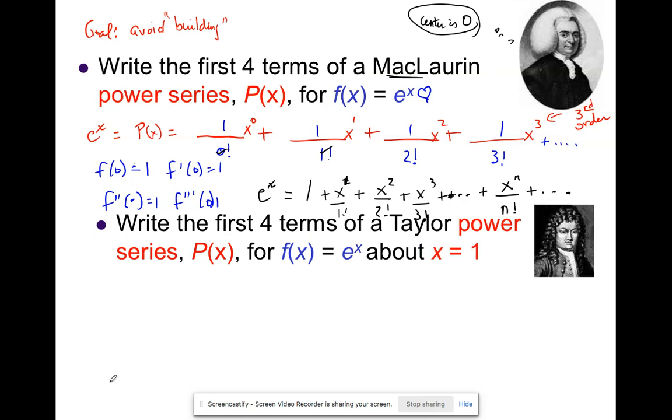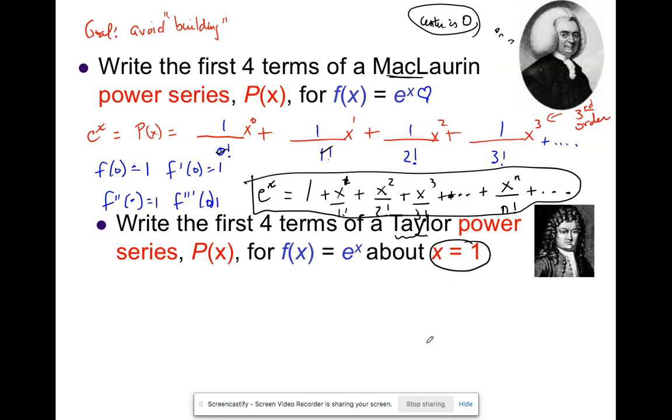What if I wanted you to do this for e to the x centered at 0? What about e to the x centered at 1? Now, unlike the previous, I'm telling you I want you to shift e to the x. I have a new center. The minute they say Taylor, they have to give you a center. They have to. Even if that center is 0, if they use the word Taylor, it must be followed with a center.